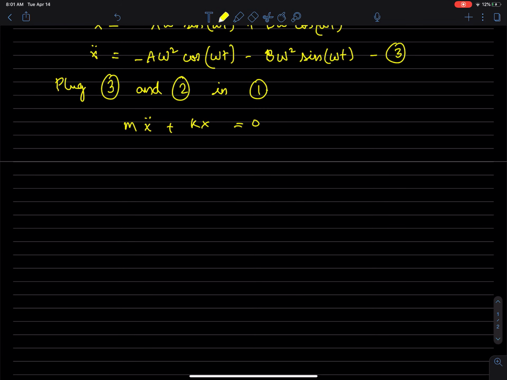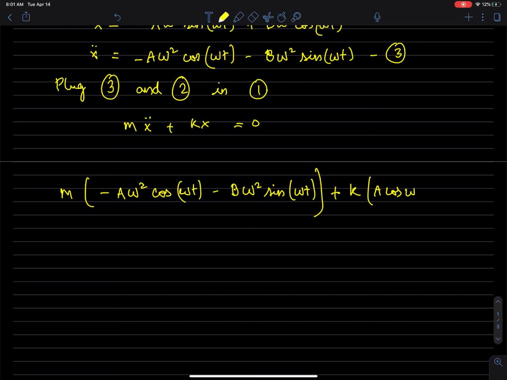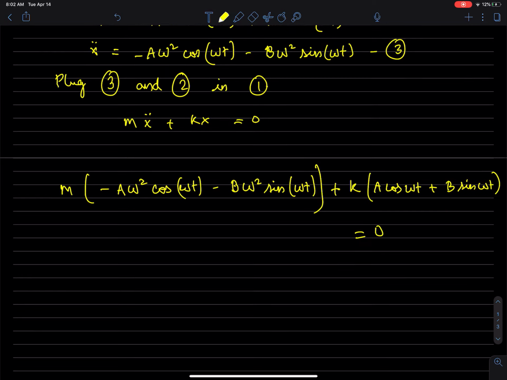So let's plug in: m times x double dot, which we just said was A omega square cosine omega t minus B omega square sine omega t, plus k times A cosine omega t plus B sine omega t. This whole thing is equal to 0.